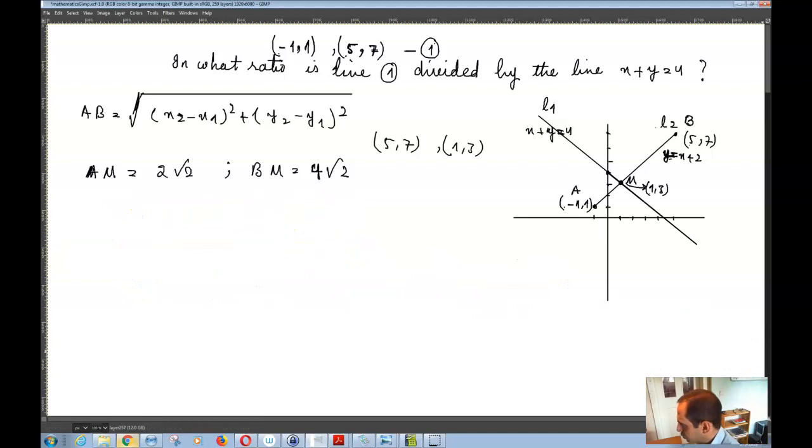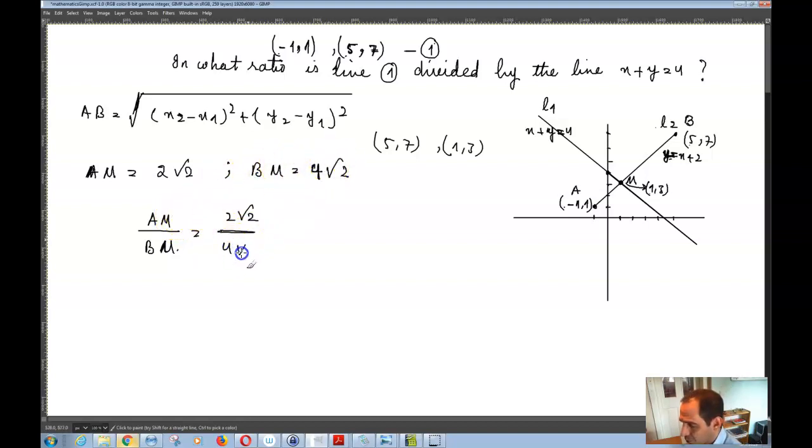So now the ratio in which this line has been divided is, for example, AM to BM. AM is equal to 2 square root of 2, and BM is equal to 4 square root of 2. It seems that I'm making a whole lot of mistakes.